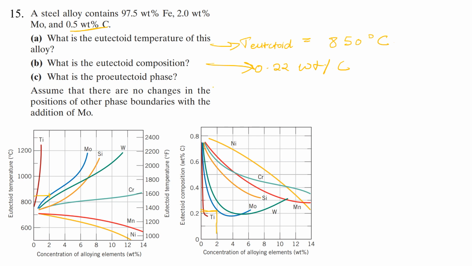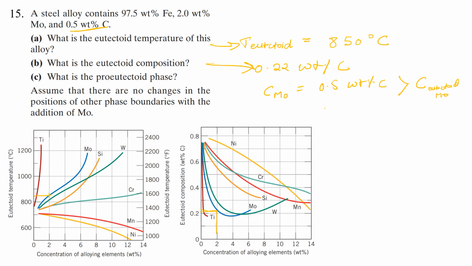Now the composition of the alloy, the carbon composition that we have been given is 0.5 weight%, which itself is greater than my eutectoid composition.